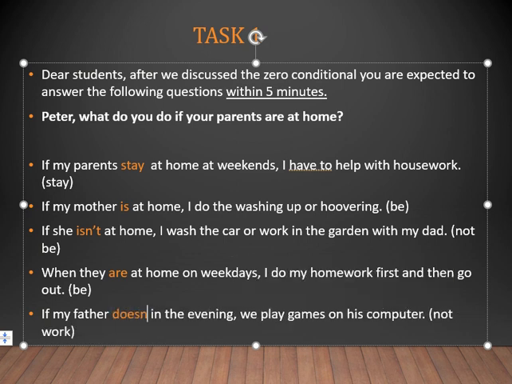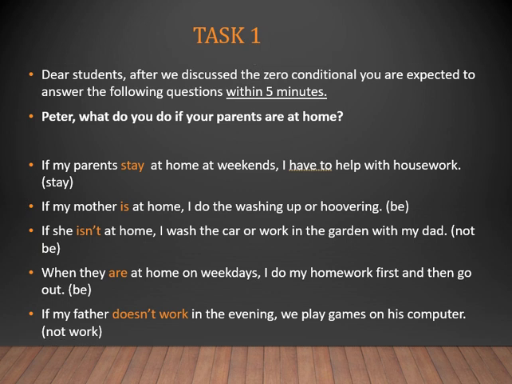Doesn't work. Do, don't, and doesn't plus verb 1, we use it for the negative form in the simple present. And here we have in the second part also play. So all of these sentences are examples for the zero conditional sentences. So please try to practice them, try to write them on your notebook to practice the zero conditional much better.